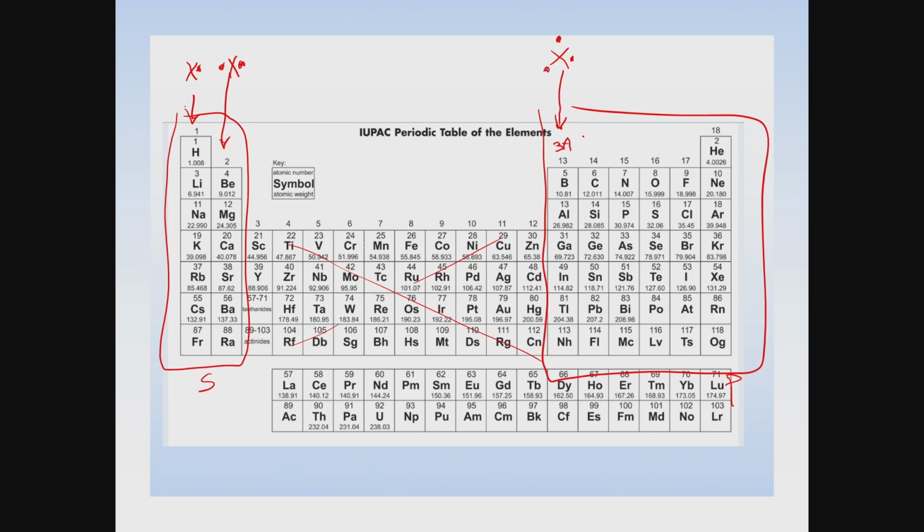The next column over is group 4A. And so you have 4 valence electrons for these elements. As a quick example, if you look at carbon, silicon, and germanium, they will have 4 valence electrons, 4 electrons in their highest energy levels, and they look like that.